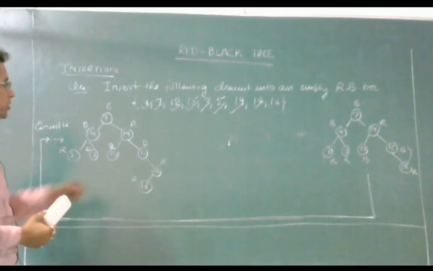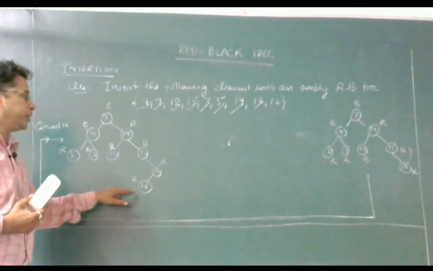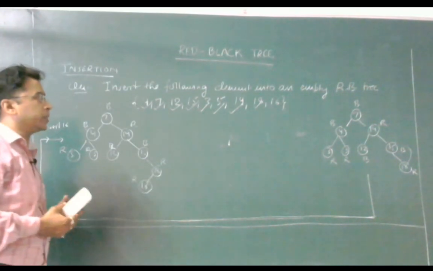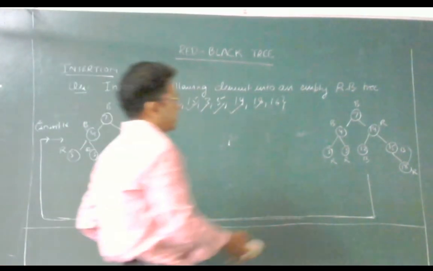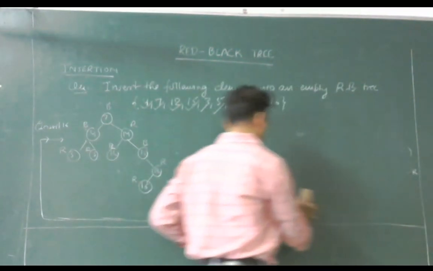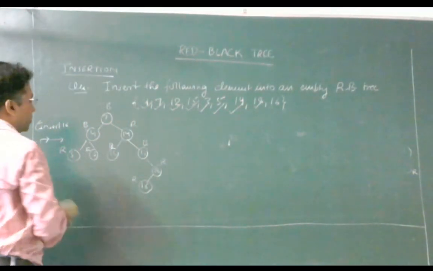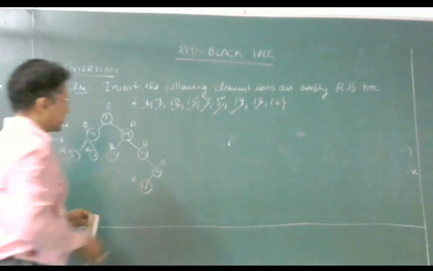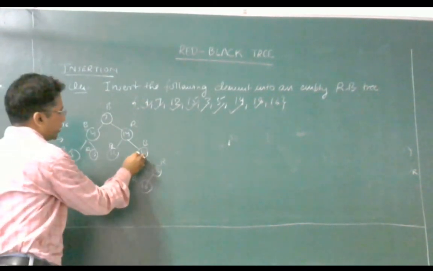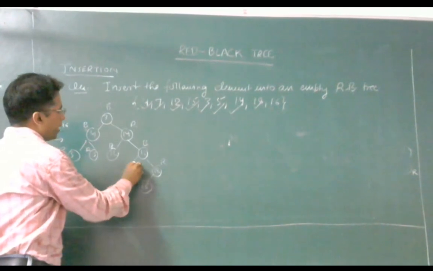Again, in this situation, red node is having a red child, so we need to fix the red-black tree properties. I am rubbing this part. So after this, here again we can consider this node to be having a nil child of black color.